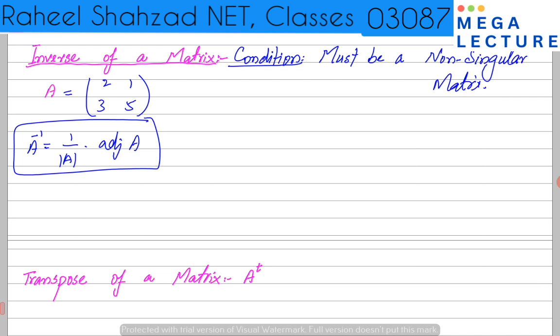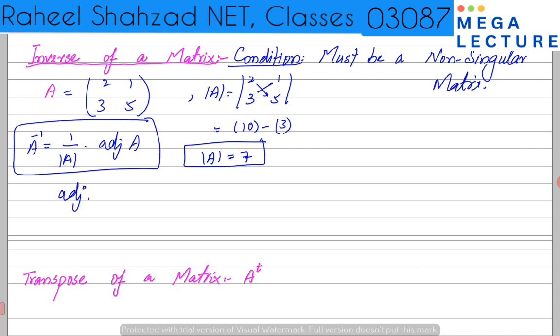So for example, |A| in this case is the determinant of [2, 1; 3, 5], that is 10 minus 3, which is equal to 7. So your |A| is equal to 7, and the adjoint of A: you change the positions of the first and last entries, and you change the signs of the second and third.